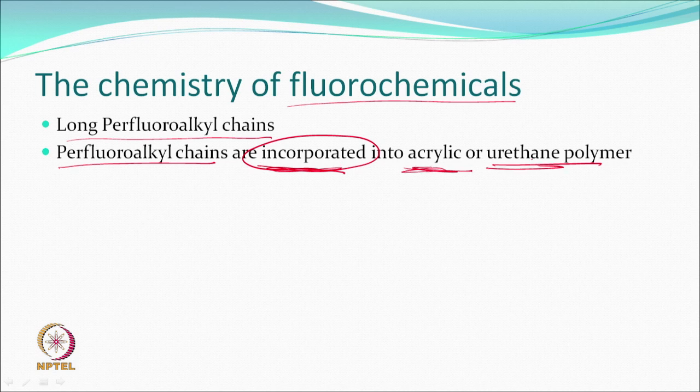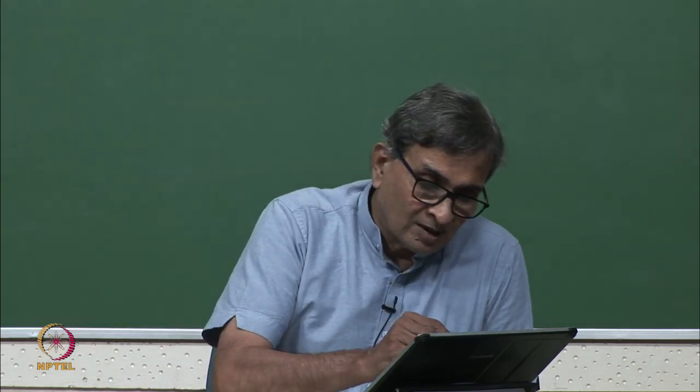That means you have a backbone and you have a side group which is, let us say, fluoro group. So, they are different, isn't it? They are different from PTFE, which had everything only CF2, CF2 kind of stuff. So, let us say you have a backbone.